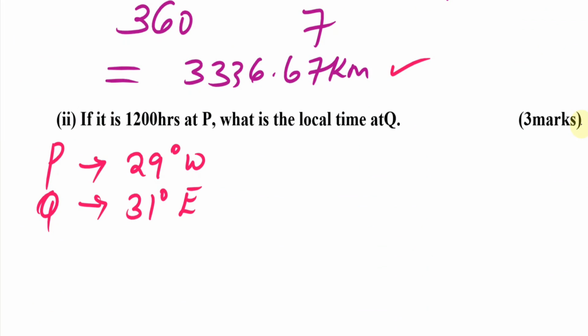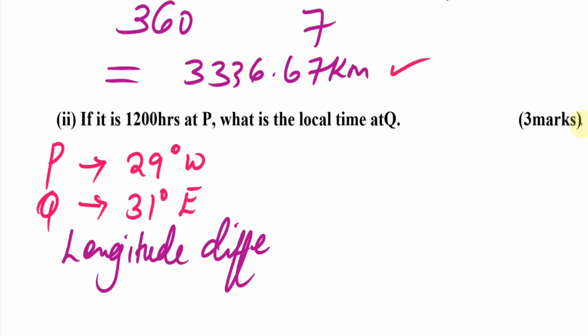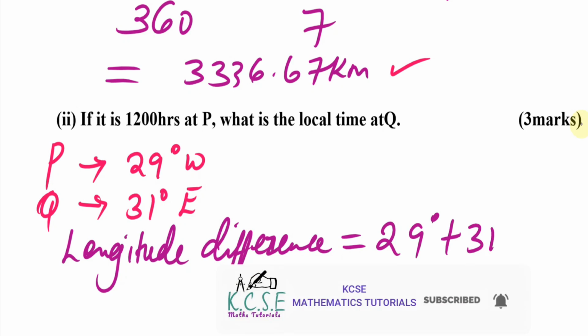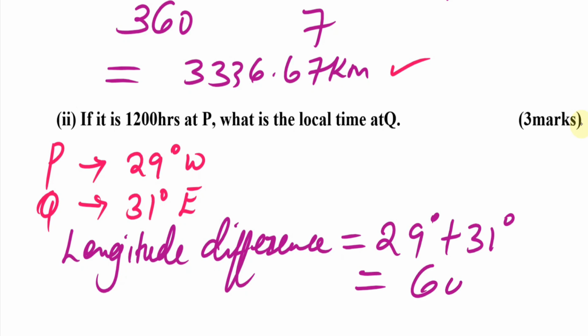To get the longitude difference, you add the two, 29 degrees plus 31 degrees, which gives 60 degrees.